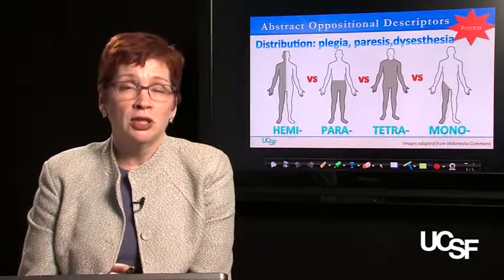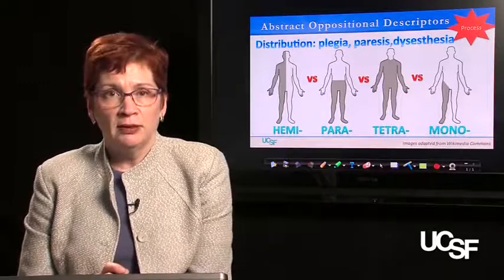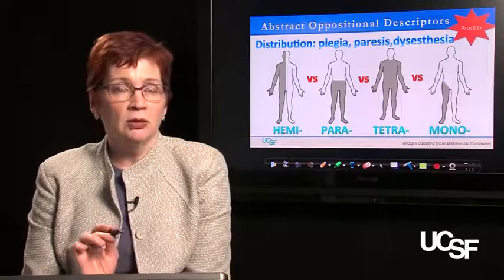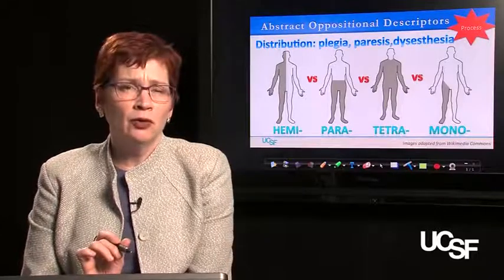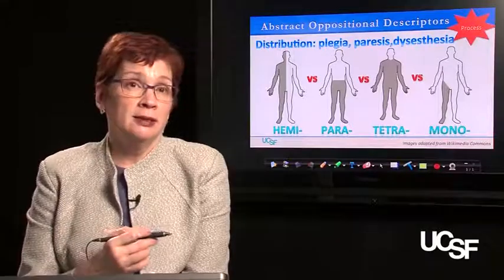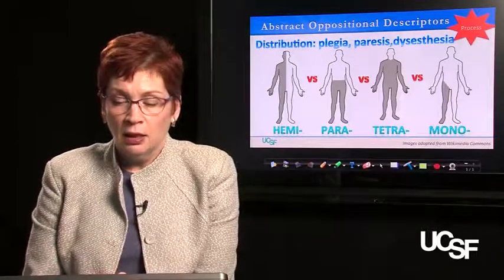We're just using neurology today as an example. There's also distributive processing. So we talked about time-based processing, acute, hyperacute, chronic, qualitative processing for neurologic symptoms, paresis, plegia, paresthesia, dysesthesia. And now we're going to talk about distributive processing.